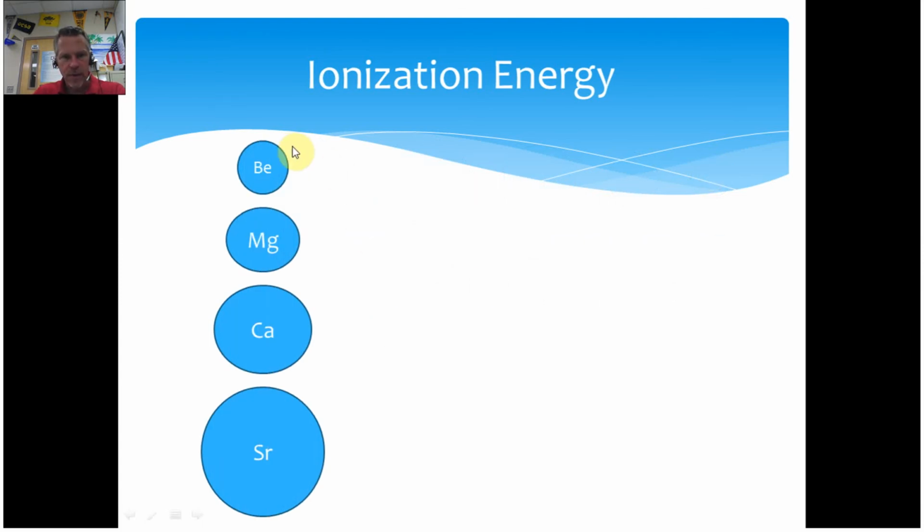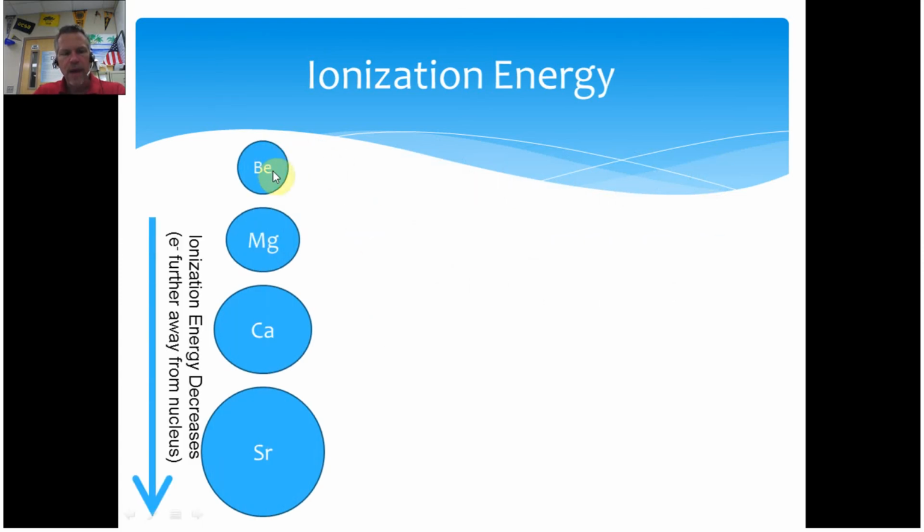Similarly, like we said a minute ago, the atomic size increases as you move down because you have to add whole new electron shells as you move from row 2 to row 3 to row 4 and so on. All right, so beryllium to magnesium to calcium to strontium, the atom's radius is getting bigger. That means that each successive shell of electrons or orbit of electrons is further and further away from the nucleus. And that means it's not as tightly held.